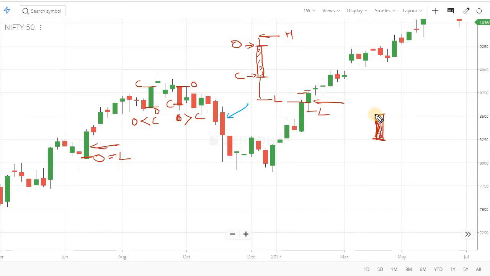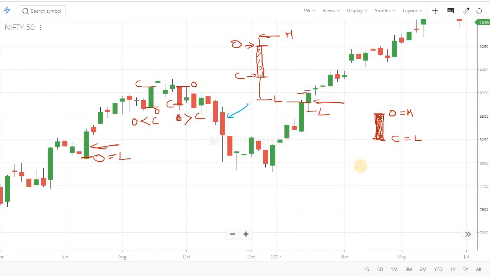It means this is the open point because this is a red candle, and the high point is the same. So this is the high point and the same point is the open point. This is the closing point and this is the low point, so both of these are the same.